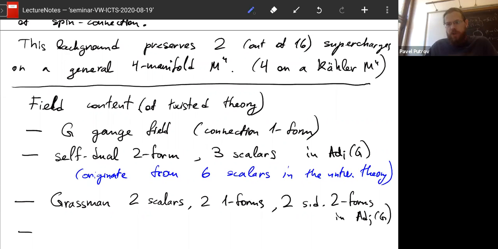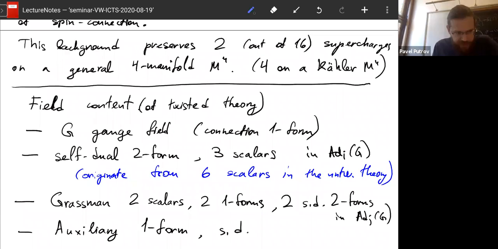But if one considers just the 2 or 4 supercharges that remain unbroken after the twisting, it is possible to find an off-shell formulation. And as usual, for off-shell formulation, one needs to introduce some auxiliary fields: an auxiliary one-form field and an auxiliary self-dual 2-form, again in the adjoint.